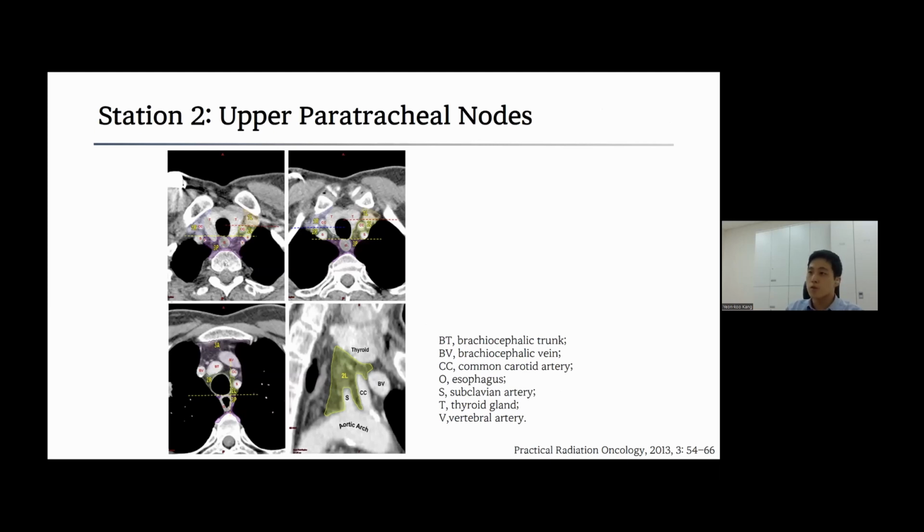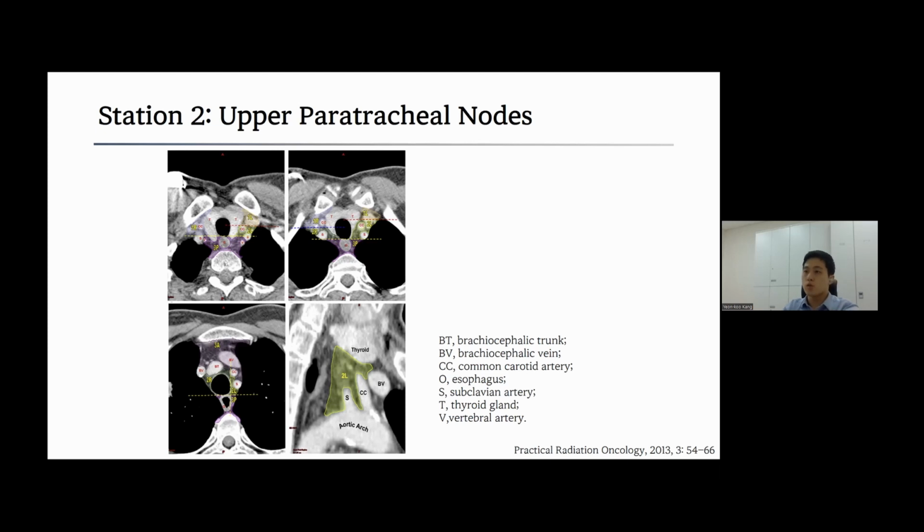Station 2 includes upper paratracheal nodes. As the name suggests, it refers to those located around the upper trachea, and it is divided into 2R of the right side and 2L of the left side.